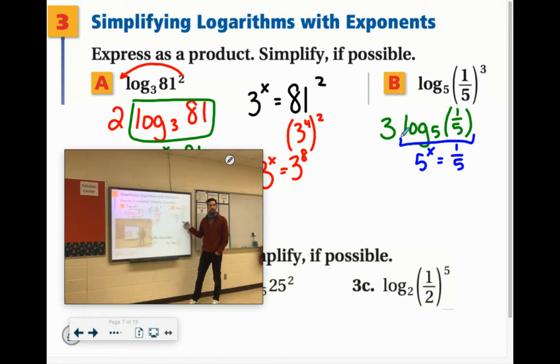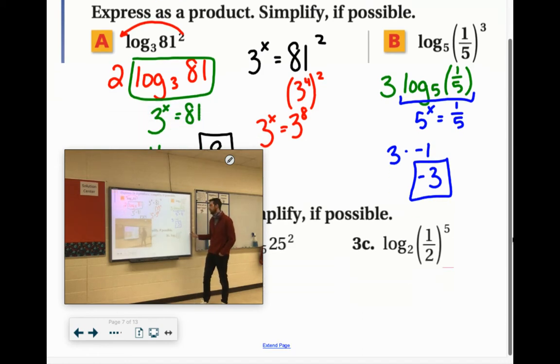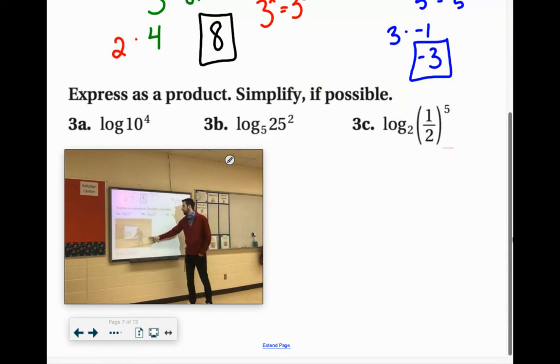And 1 over 5 means the exponent would be -1. So this logarithm comes out to -1, but we need to multiply it by the 3 that was out there. 3 times -1 gives you -3. So kick that bonus exponent out to the front, simplify, and then multiply at the end.